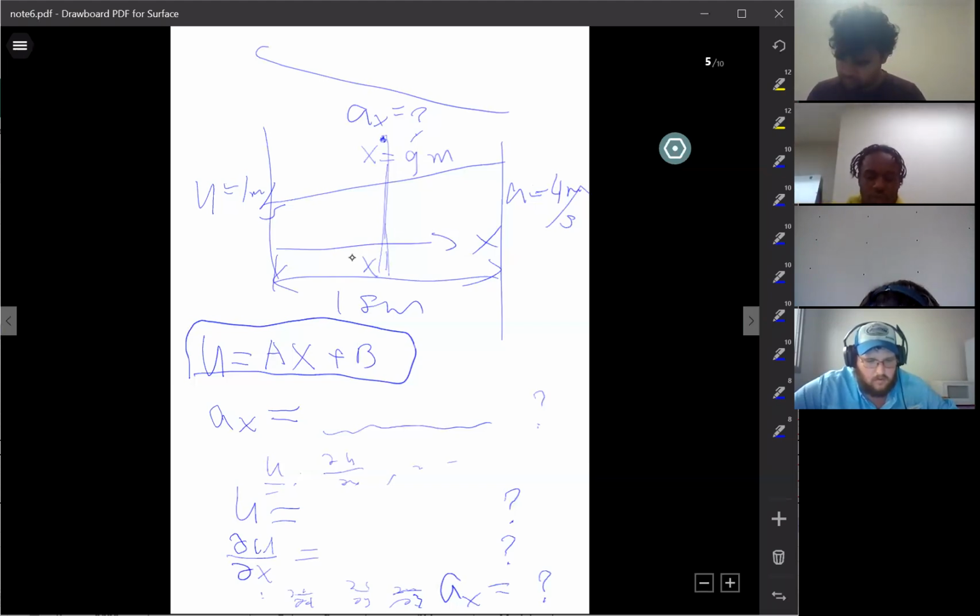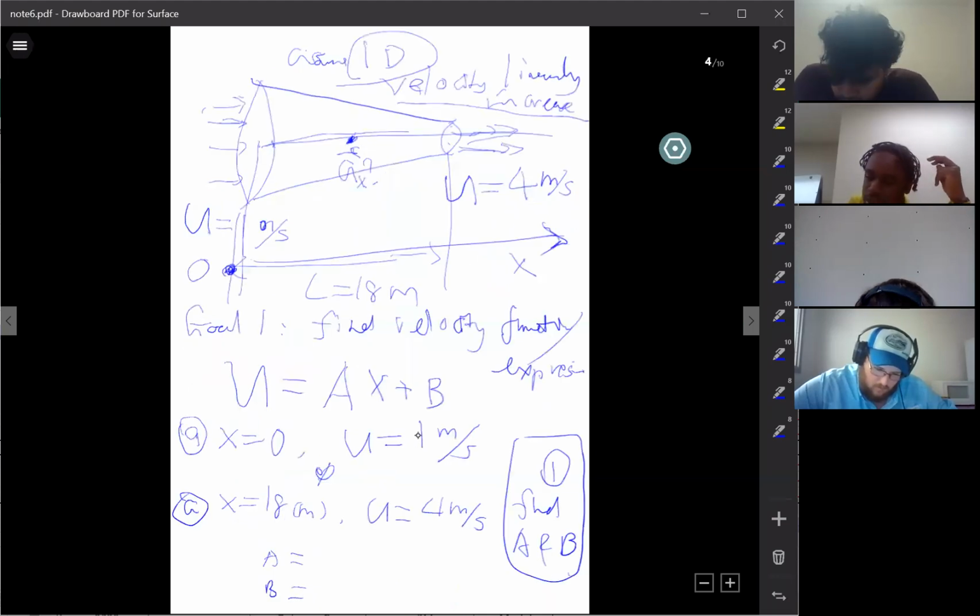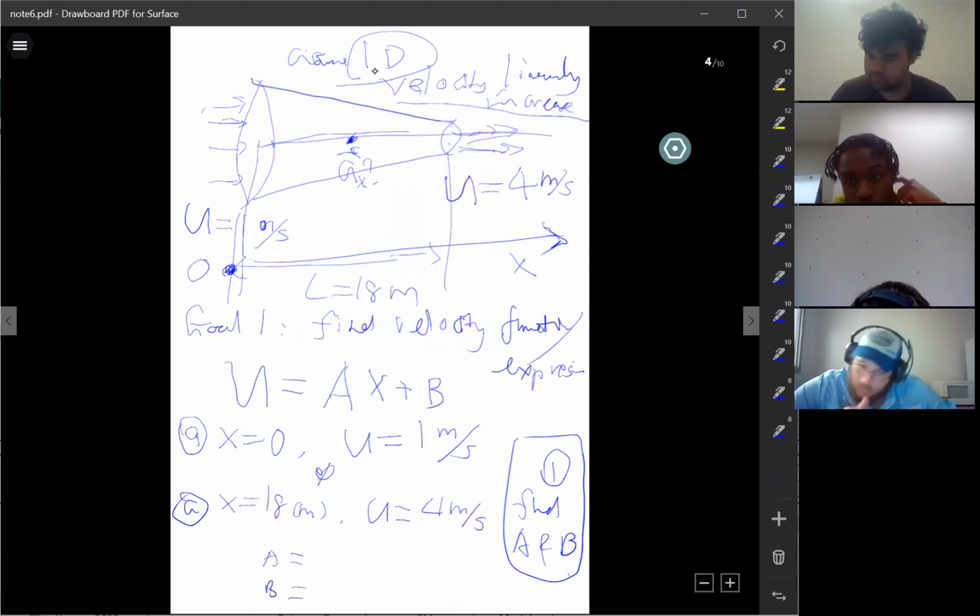Professor? Yeah. We said earlier that U, V, and W are characteristics of velocity. U is just the X component of the velocity. For this problem, it's 1D, so you don't have V and W. Do you know vectors?